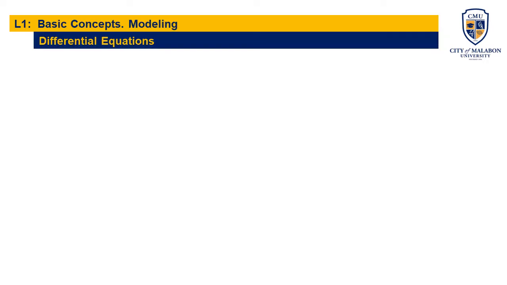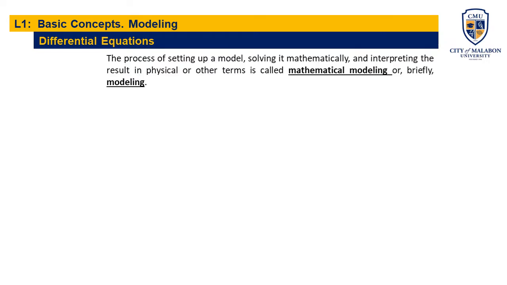If we want to solve an engineering problem, which is usually of a physical nature, we first have to formulate the problem as a mathematical expression in terms of variables, functions, and equations. Such an expression is known as a mathematical model.